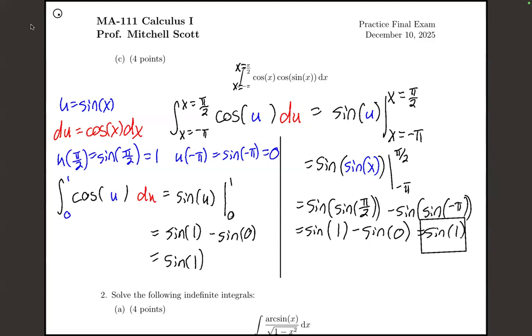Personally, I prefer this way of doing it, where we have everything in terms of u, because I'm able to directly plug in and I don't have to worry about converting again. Okay, so that is another question in the books.